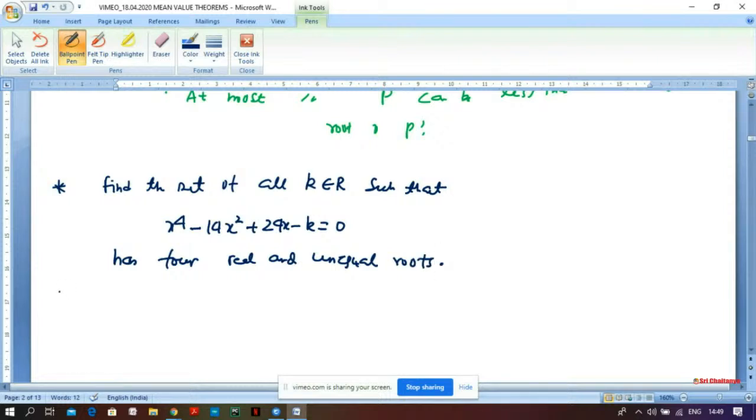So we want to find the set of all k belonging to R such that the 4-degree polynomial x to the power 4 minus 14x squared plus 24x minus k equal to 0 has 4 real unequal roots.